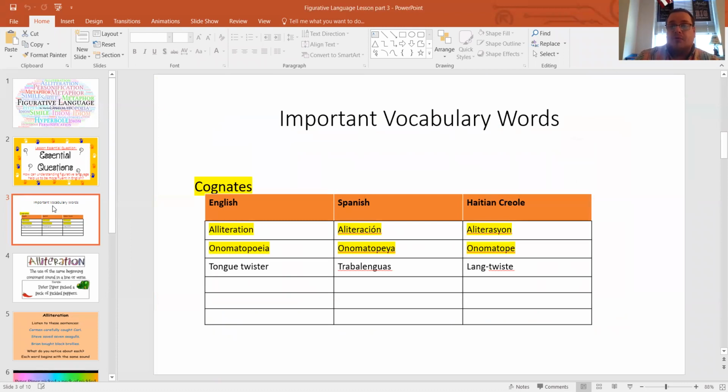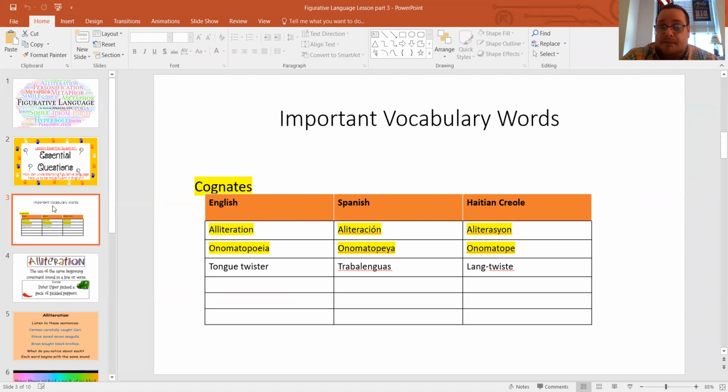All right, so our most important vocabulary words for this week, my nice little graphic organizer here, are alliteration, alliteración, onomatopoeia, tongue twister, trabalenguas.